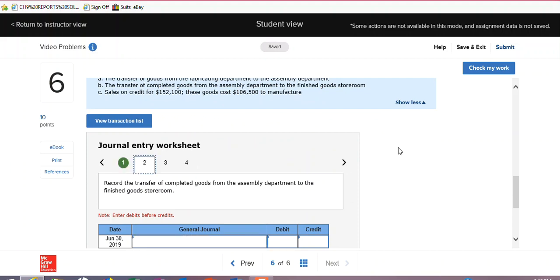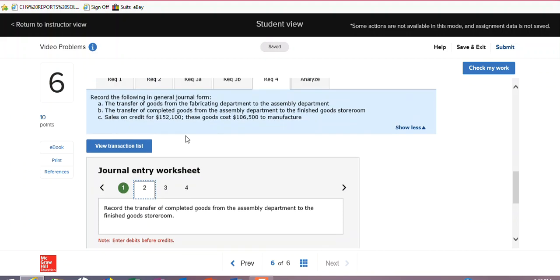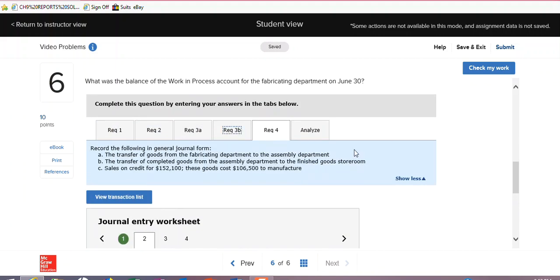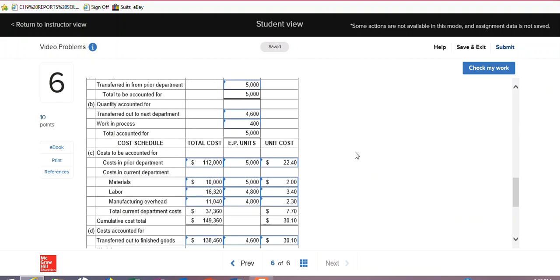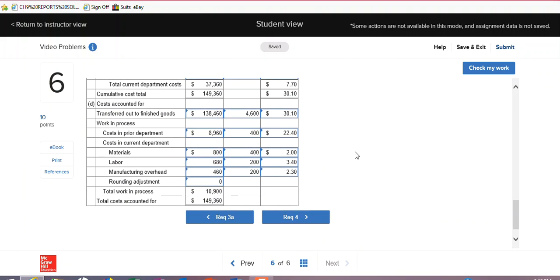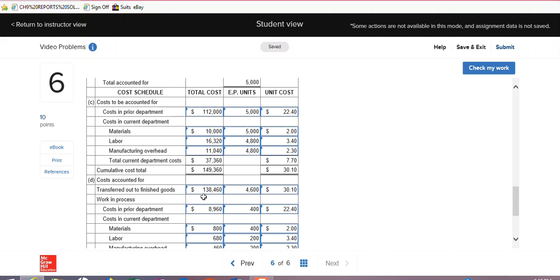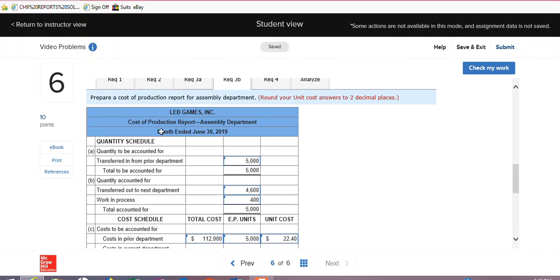Record the transfer of completed goods from the assembly to the finished goods storeroom. In the assembly chart, this is our cost production report assembly department.